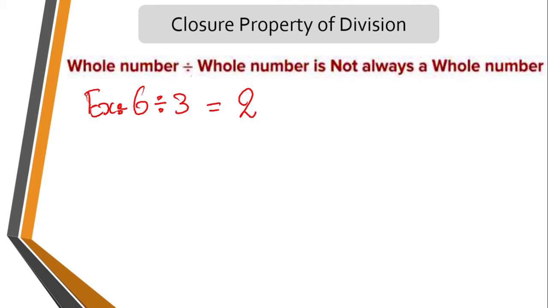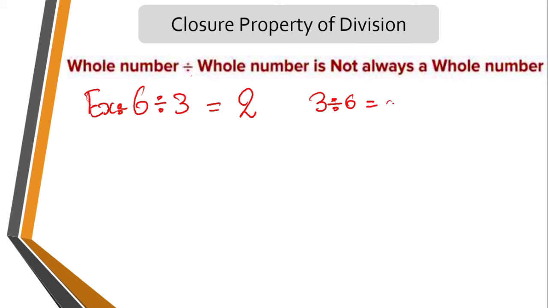But let's take another example with the same numbers. In this case, it's working, right? 6 is a whole number, 3 is a whole number, 2 is a whole number. But if we do 3 divided by 6, the answer is not a whole number.